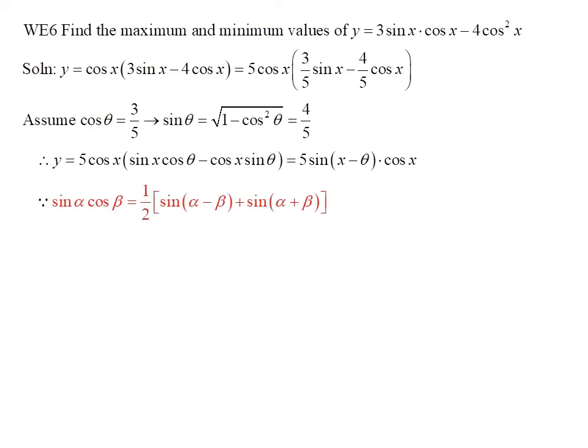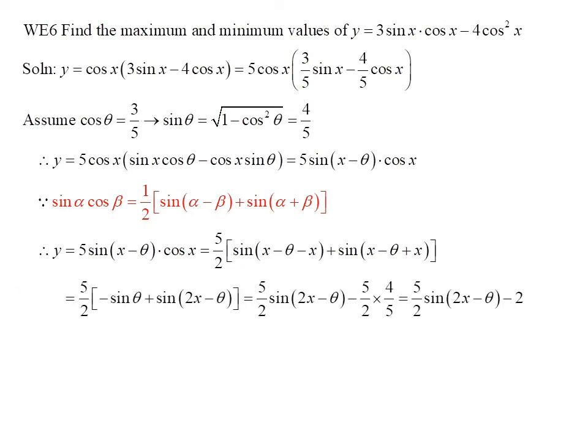Now we need to apply the product to addition formula, which is shown in red color here. Here alpha is regarded as x minus theta, beta is regarded as x. Hence, y equals 5 over 2 multiplies open bracket sine x minus theta minus x plus sine x minus theta plus x close bracket.